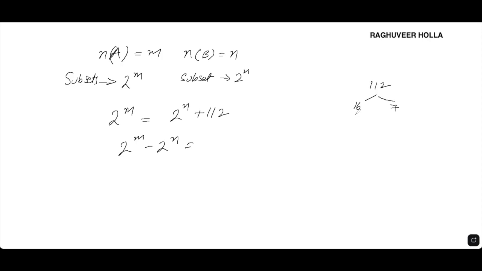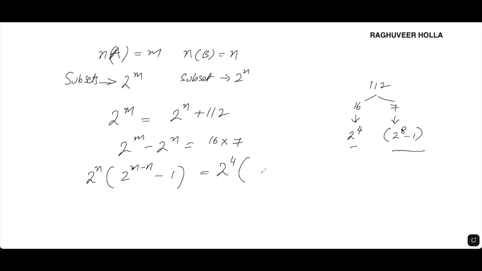So 16 can be written as 2 to the power of 4, and 7 can be written as 2 to the power of 3 minus 1, or 8 minus 1. So this is 16 into 7. Now I can take 2 to the power of n common: 2 to the power of n into 2 to the power of m minus n minus 1. So this is, as you can see here, 2 to the power of 4 into 2 to the power of 8 minus 1.